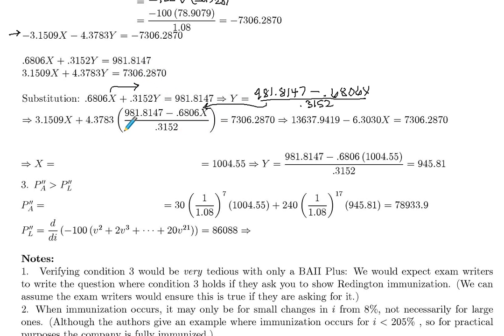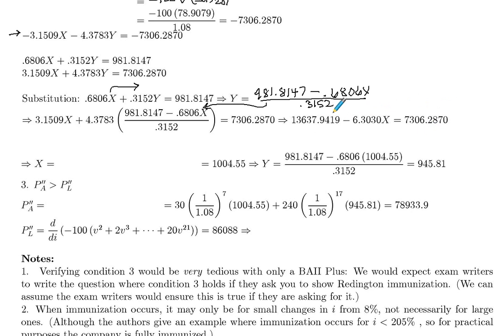And then if you do the algebraic simplification on this equation and then combine your x terms, you get an x term in here and then an x term here after you do the multiplication, after you distribute. Then you get 13637.9419 minus 6.3030x is 7306.28. So now we've just got an equation in one variable.